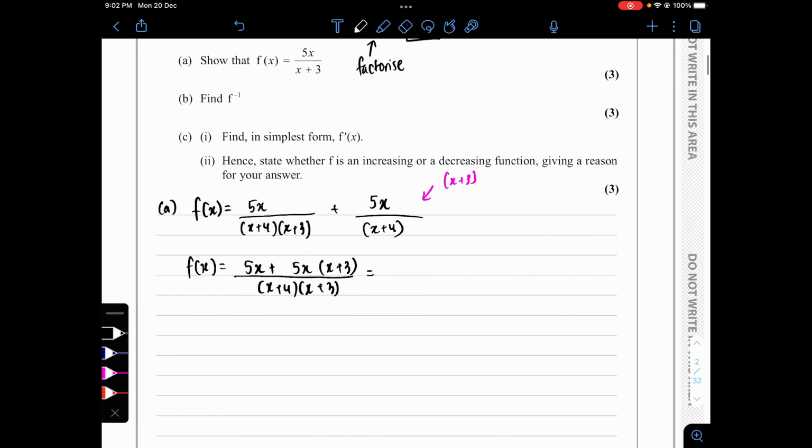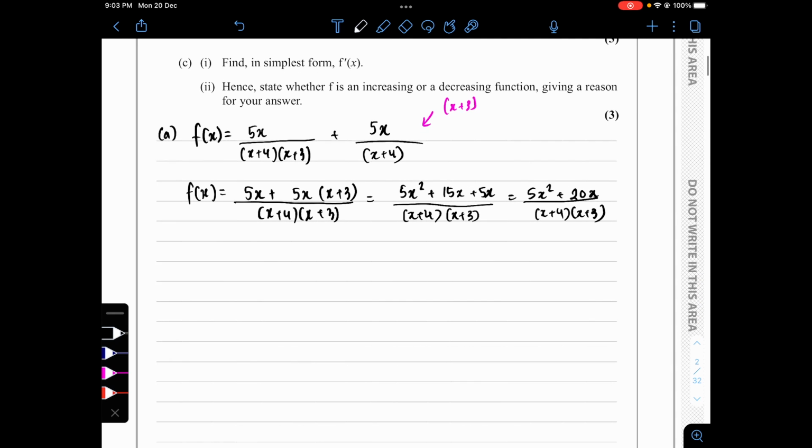So we can expand the bracket, so that will be 5x squared plus 15x plus 5x, all over x plus 4, x plus 3. So that'll be 5x squared plus 20x over x plus 4, x plus 3.